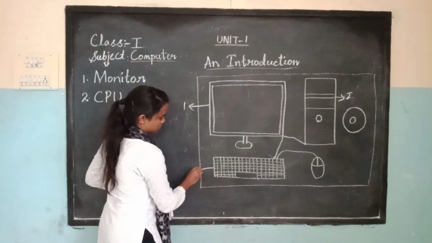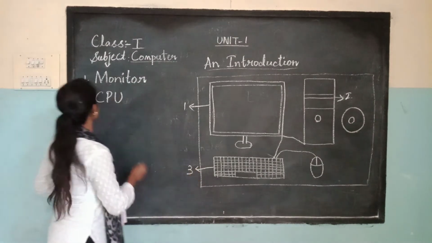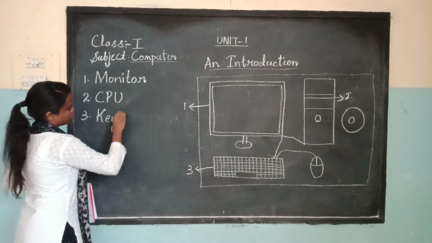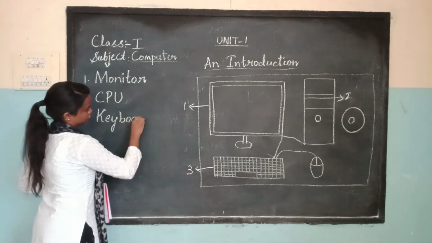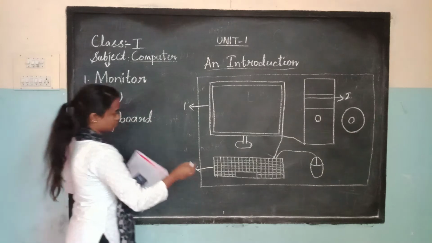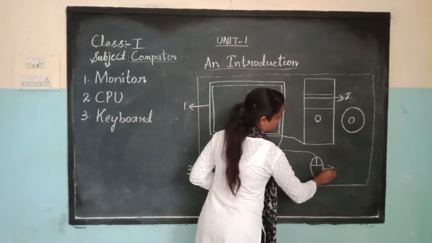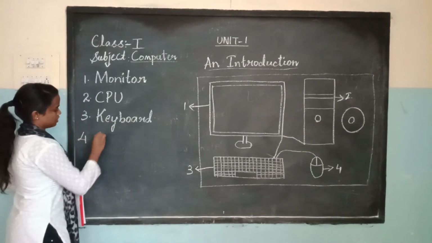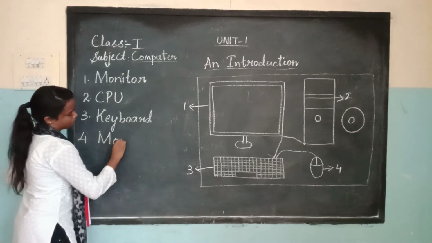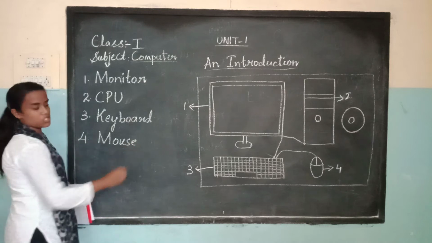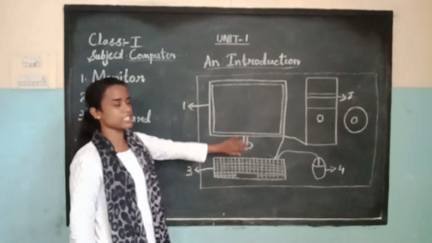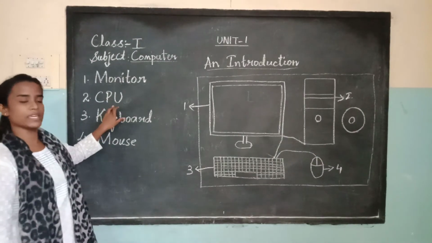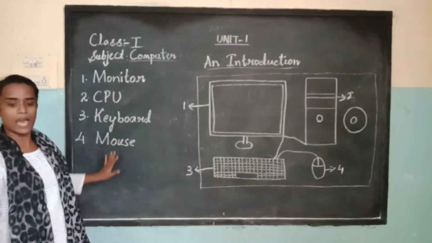And this third one is a keyboard. And this fourth one, it is a mouse. Okay children, say after me, what are the parts of the computer? Monitor, CPU, keyboard and mouse.